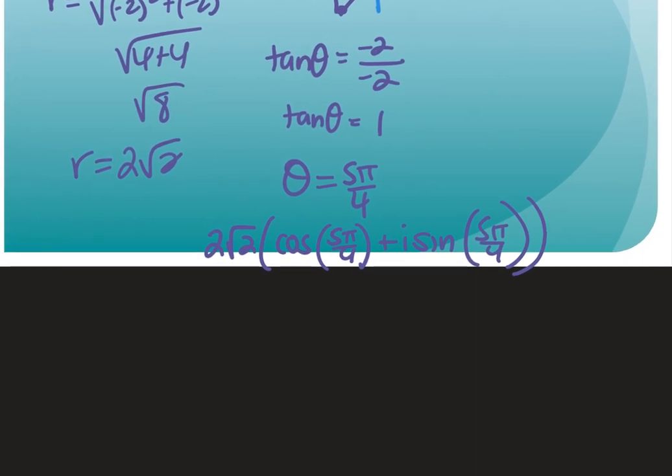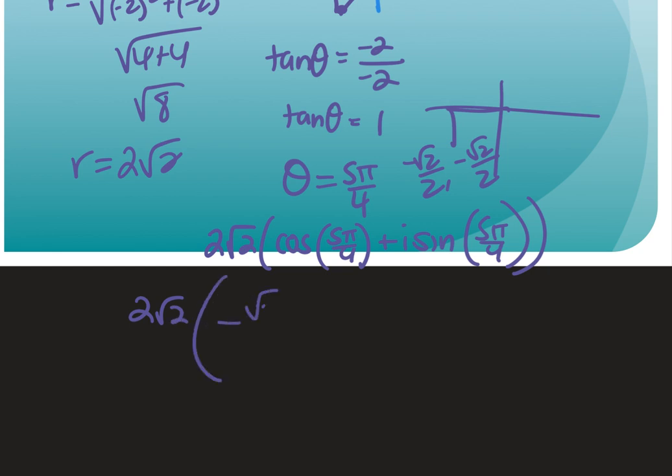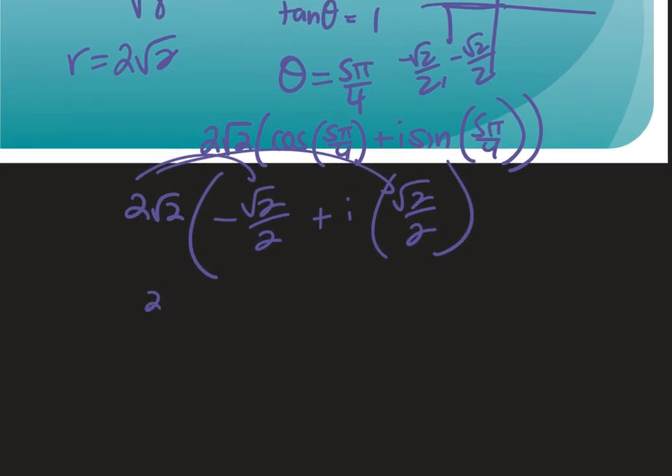This answer, then, 5 pi over 4 is negative root 2 over 2. So if I want to check it, 2 root 2, cosine there would be negative root 2 over 2, plus i, sine there would be negative root 2 over 2. And then I could distribute 2 root 2 times a negative root 2 over 2.